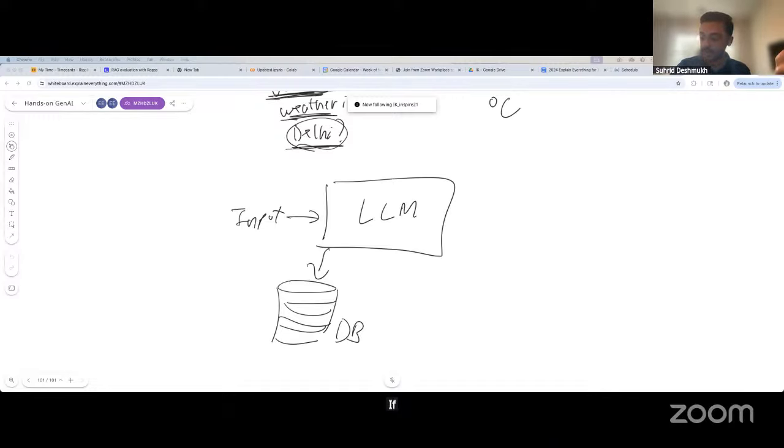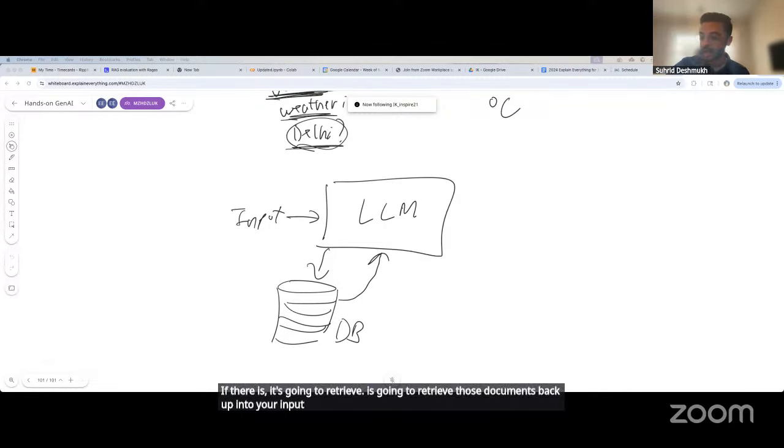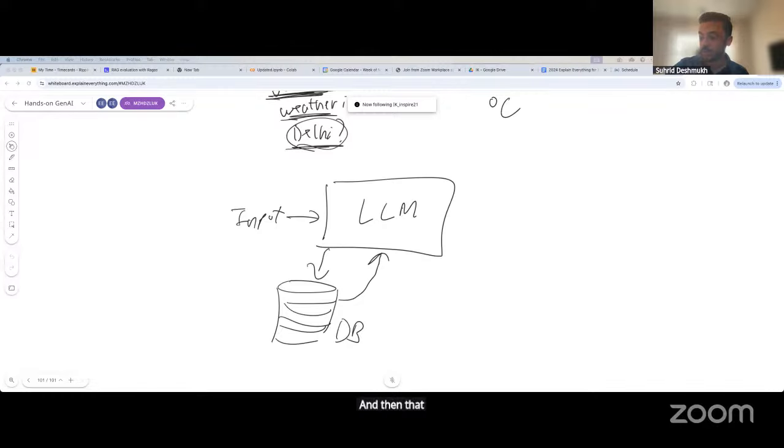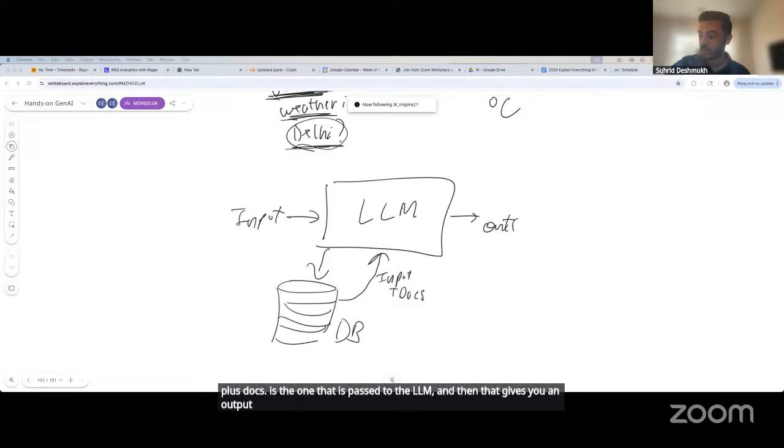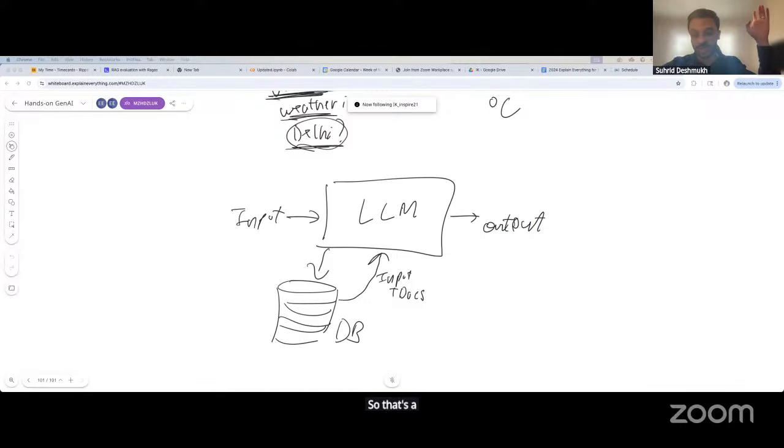If there is, it's going to retrieve those documents back into your input, and then that combined input, input plus docs, is the one that is passed to the LLM, and that gives you an output. So that's a very 10,000 feet view of your RAG-based system.